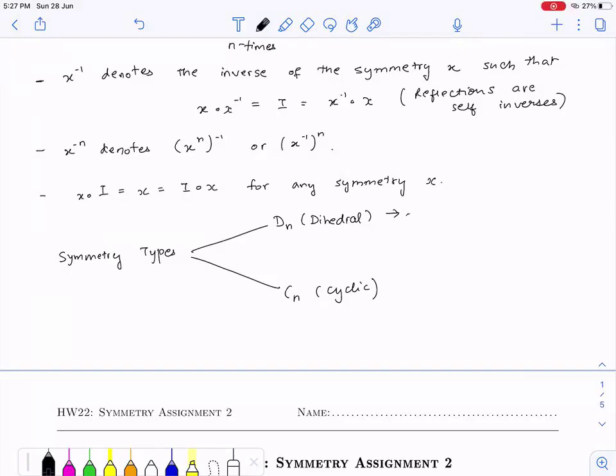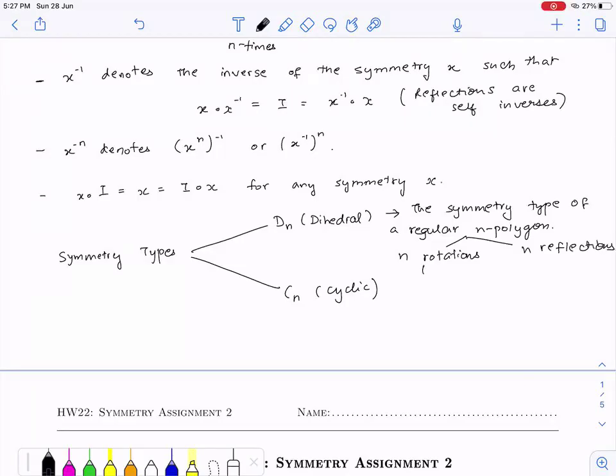Dn is the symmetry type of a regular n-gon. An n-gon means a polygon with n sides, and regular means that all the n sides are of the same length. This usually has n rotations and n reflections. And the n rotations include the trivial 0-degree rotation.